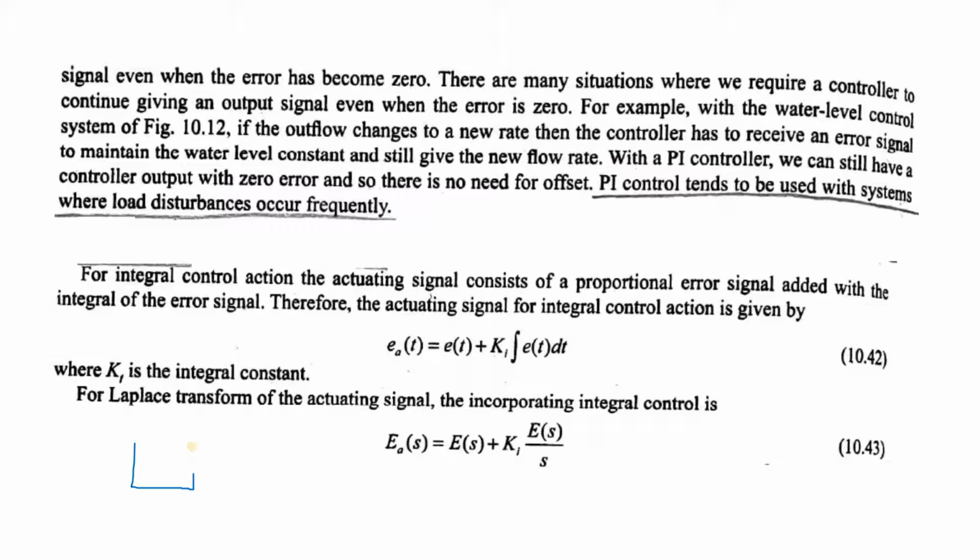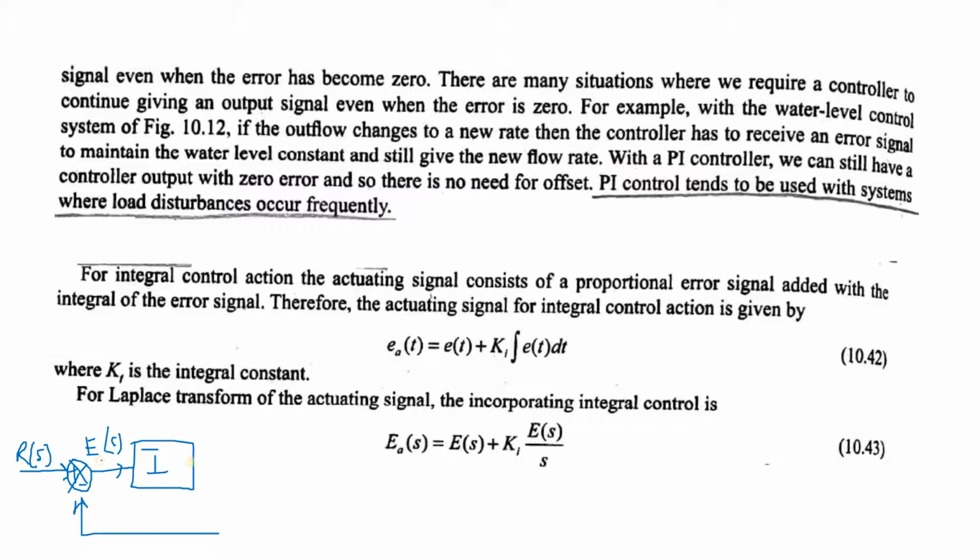If I show you this simple block diagram, then you will be able to understand. Suppose this is the input signal, this is the summation point. This is R(s), and this is the error signal E(s). This is plus, this is minus, feedback is coming.